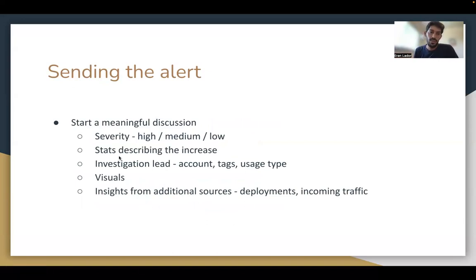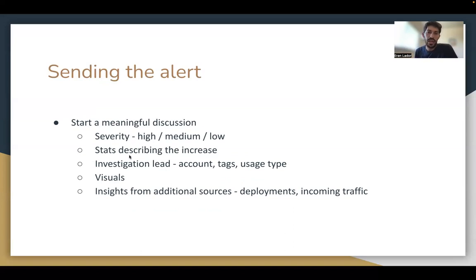So a good message on an alert must include the severity. I mean, is it high severity, that they really need to take action now, or can it wait hours or days? It should also answer the quick and basic questions. Where does it come from?